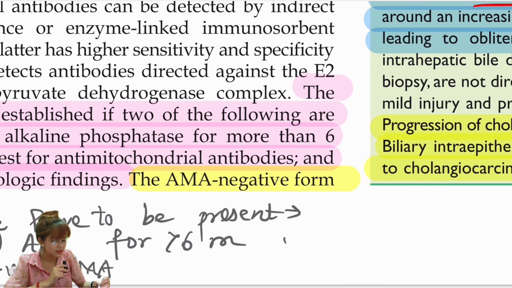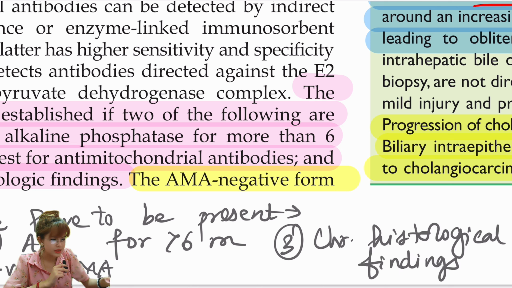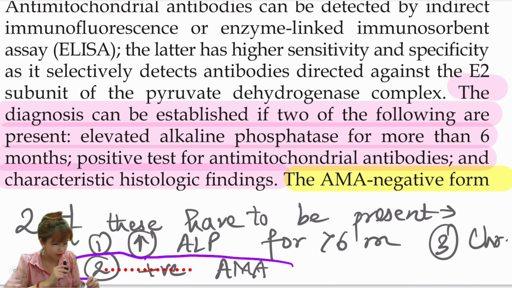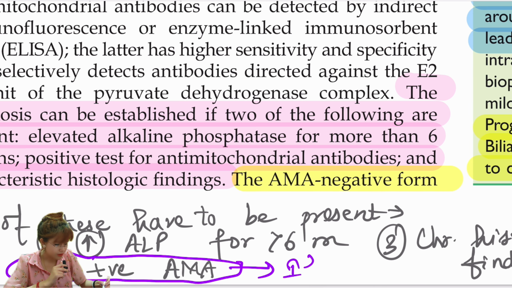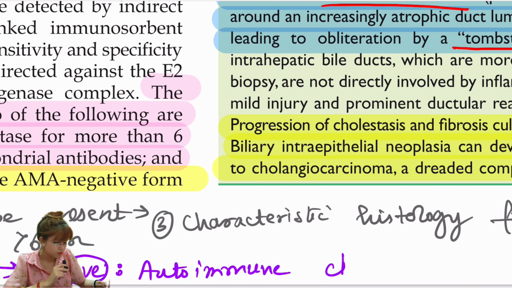And number three is the characteristic histological findings. And you can see here that if this AMA is negative, then it is ultimately pointing to autoimmune cholangitis.